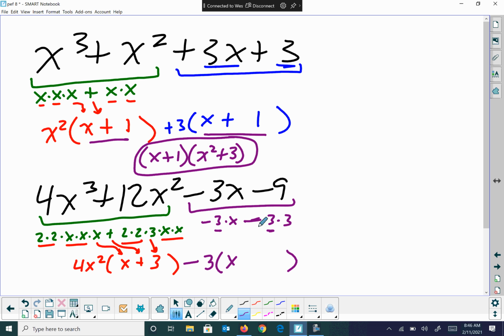This is no longer going to be a negative 3, it's going to be a positive 3. Friends, between the purplish color and the red color, does it look like x plus 3 is the same thing? So I get x plus 3 times 4x squared minus 3. Once I factor that out, I have to put it back together with those 2 terms. So this is my factored answer.